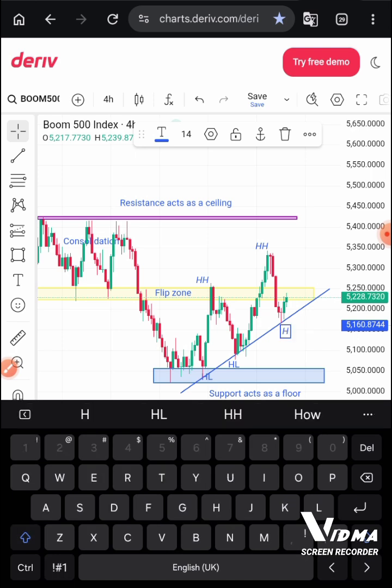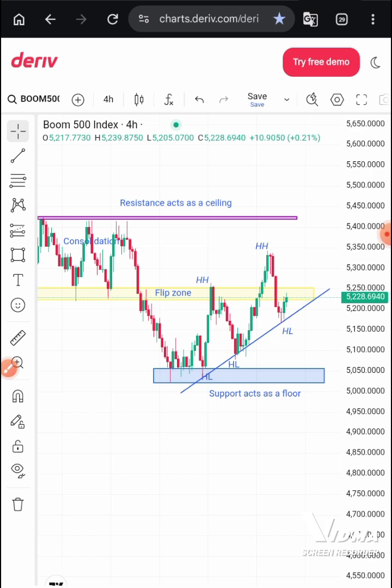Higher low. Okay. So market structure is now coming in to tell us, right? And now we have our support, we have our resistance, and our price is at a flip zone.